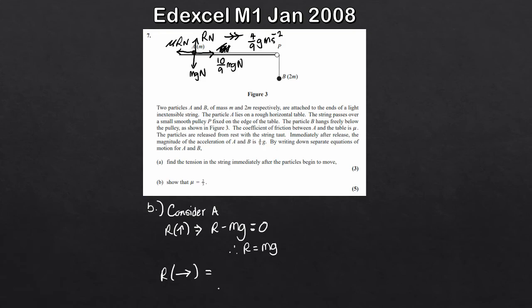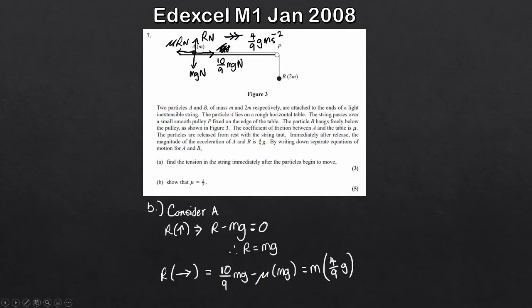That's going to be 10/9 mg minus the opposite direction, minus mu R. But we know R is mg, so that's minus mu mg. This is the force, and it's now equal to mass times acceleration, which is m times 4/9 g.